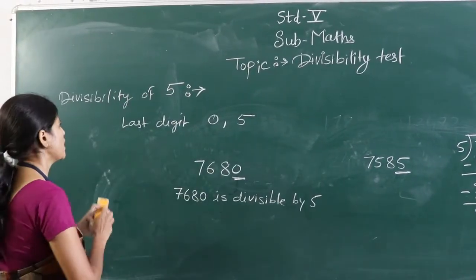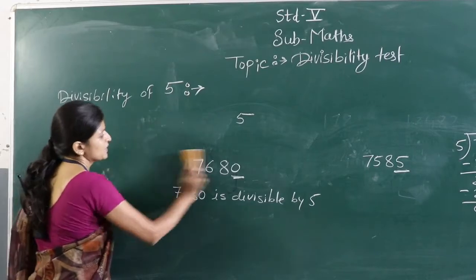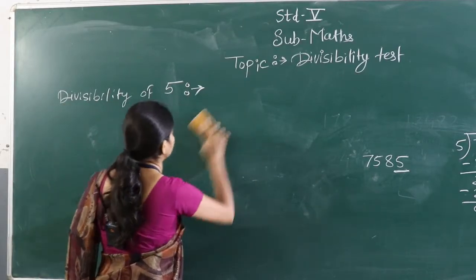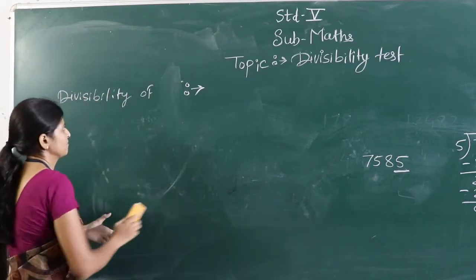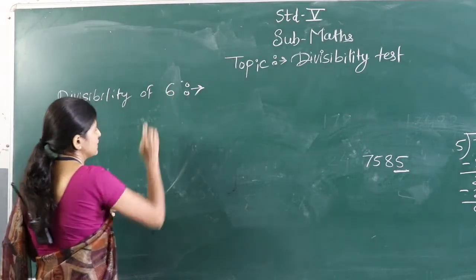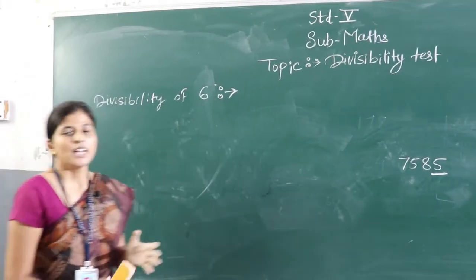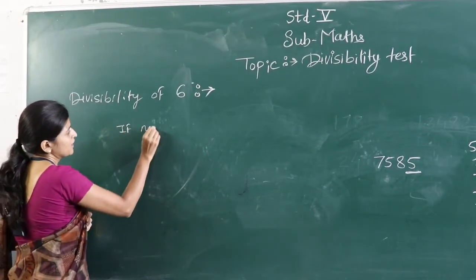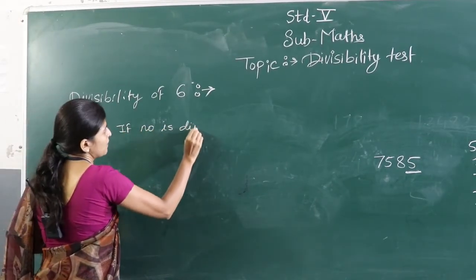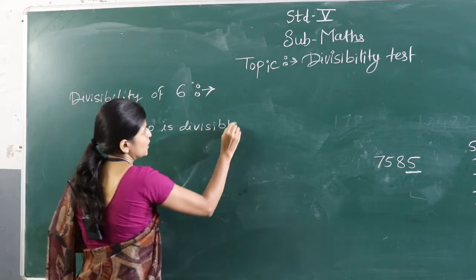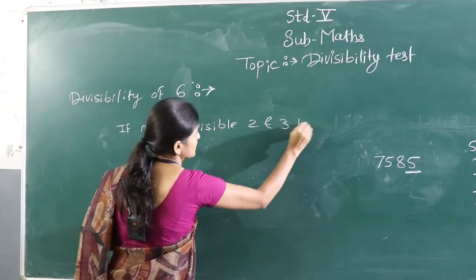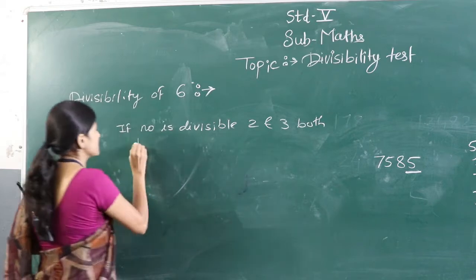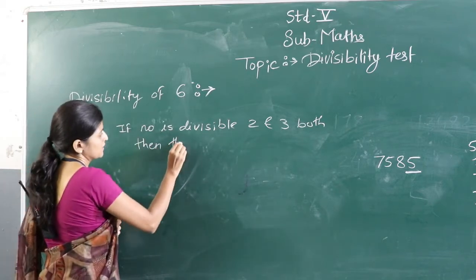Now we see the divisibility of 6. If the number is divisible by 2 and 3 both, then the number is divisible by 6.